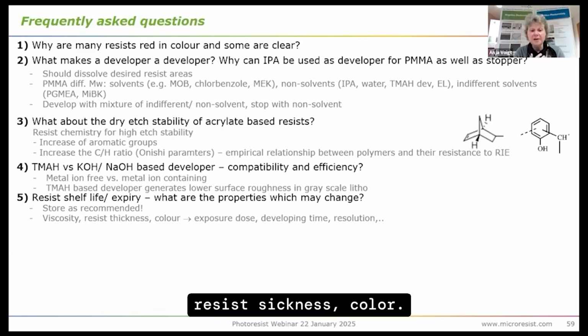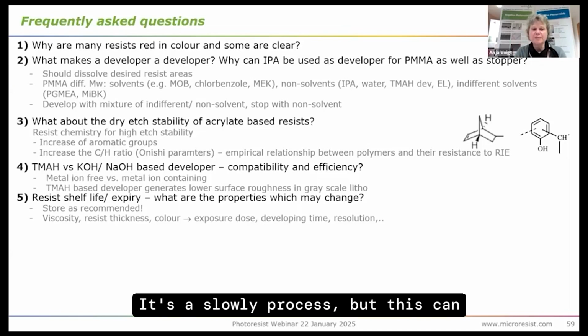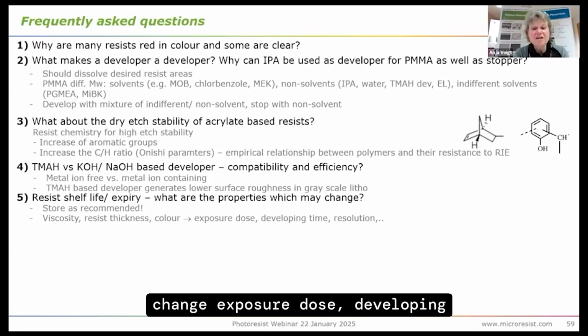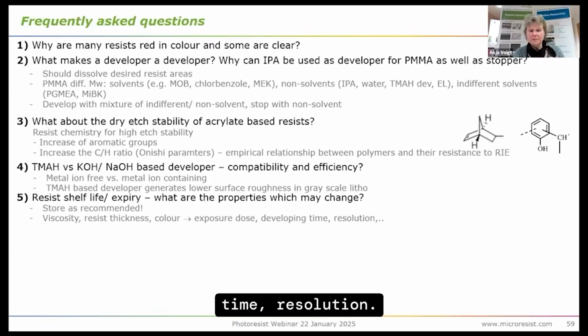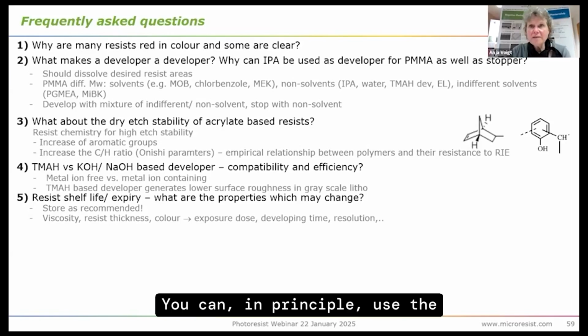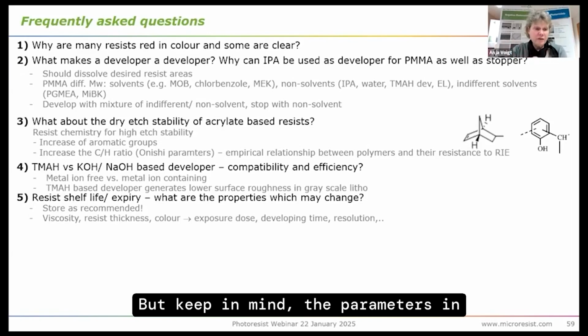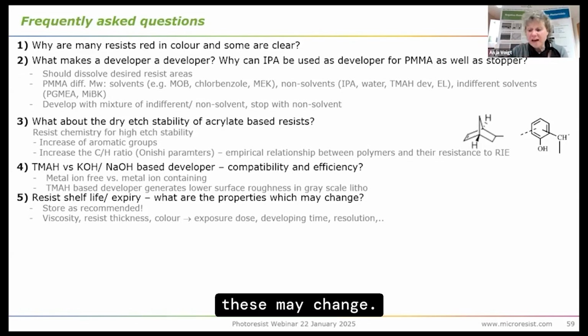It's a slow process, not a sharp process, but this can lead to a higher or changed exposure dose, developing time, and resolution. You can, in principle, use the resist after passing its shelf life, but keep in mind that these parameters may change.